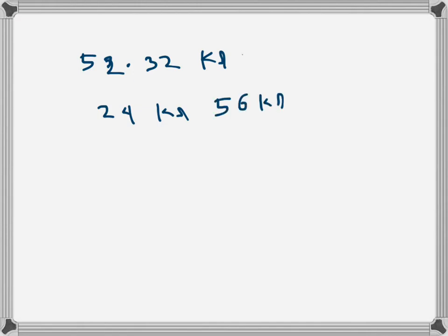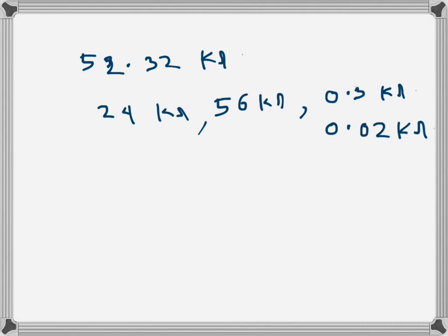Finally we need 52.32 kilo ohms. So we have to remember that we have 24 kilo ohms, we have 56 kilo ohms in our lab, and we have 300 ohms, which is 0.3 kilo ohms, and we have 20 ohms as well, which is 0.02 kilo ohms.